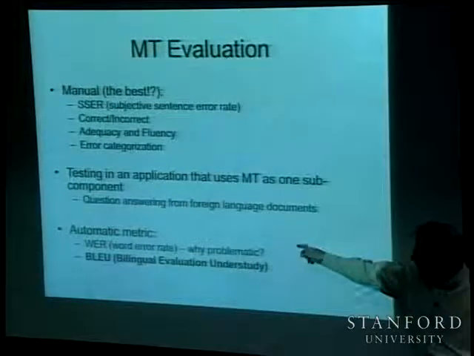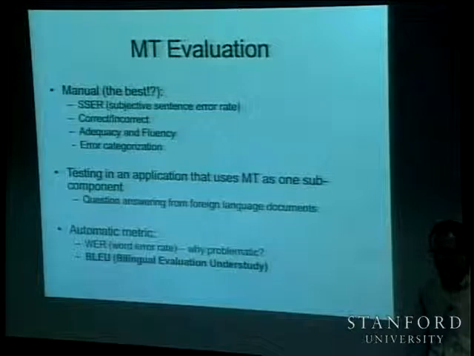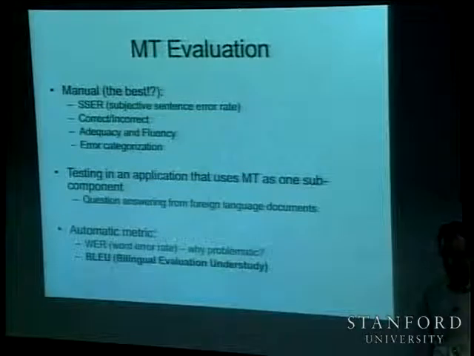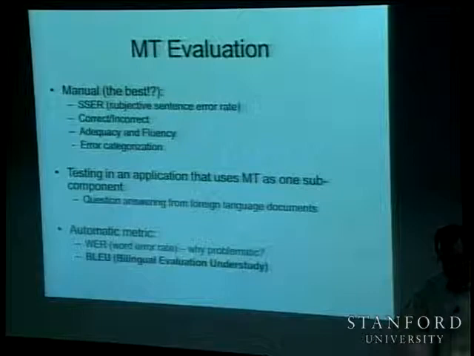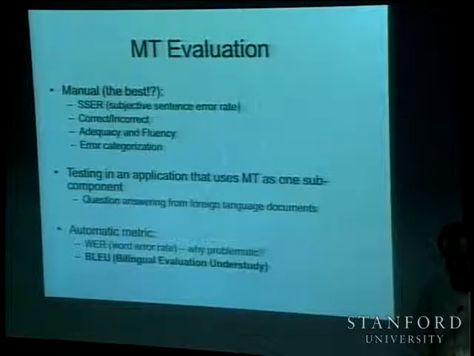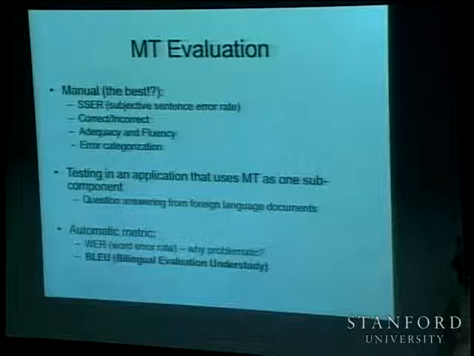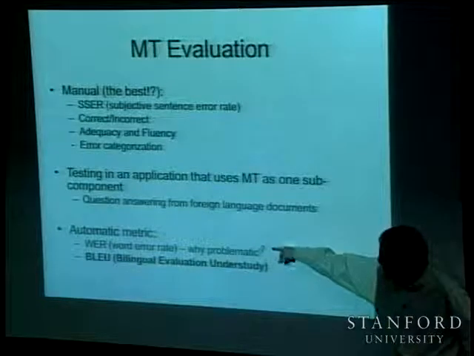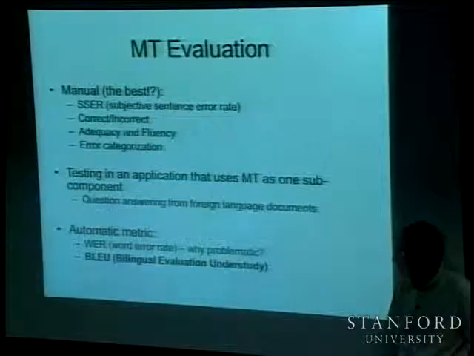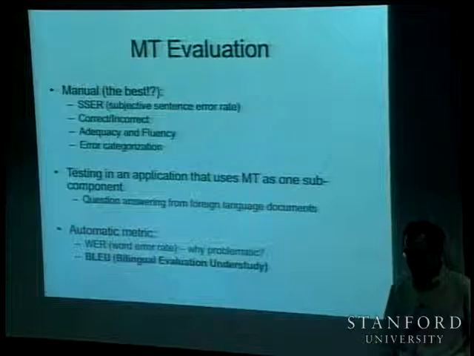And so that's led people to want to try and come up with automatic evaluation methods for MT, where you can just evaluate your new system every night and decide whether it's getting better or worse in an automatic fashion. And so the problem of coming up with automatic metrics for machine translation is it's kind of difficult.